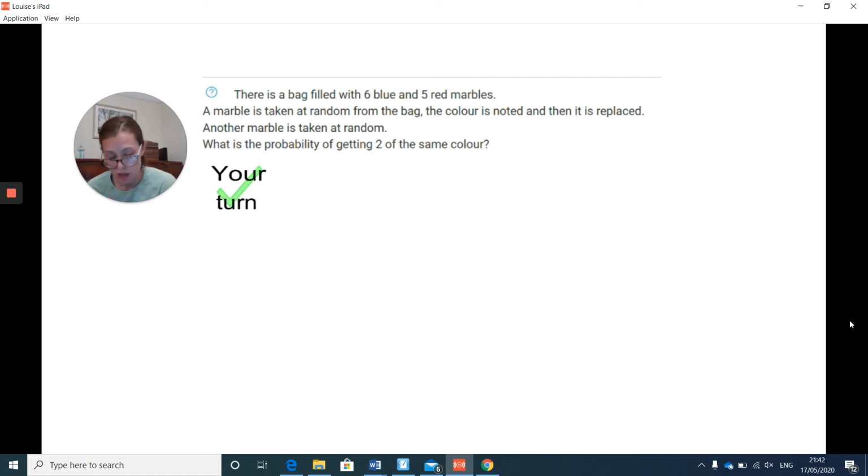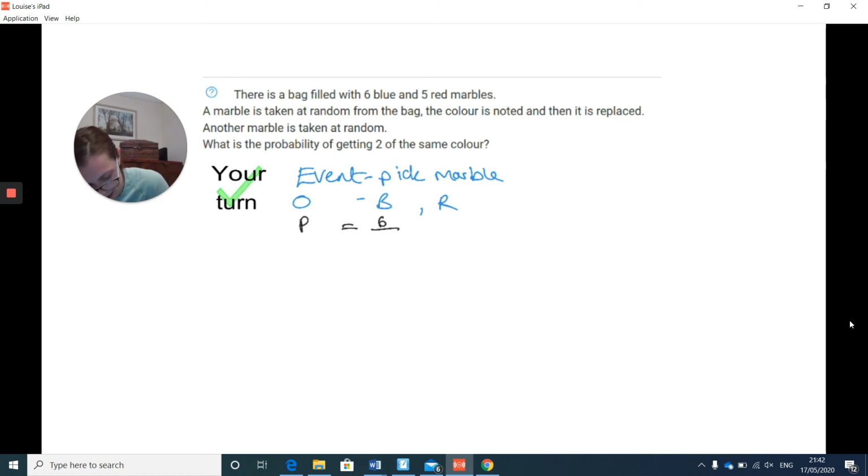Okay, welcome back. So we should have set out our tree diagram just as we've done before. We've got our first event, which is to pick a marble. What are your outcomes? So your outcomes are blue and red, and the associated probabilities, well, blue is 6 over 11 and red is 5 over 11, and that's your first event.